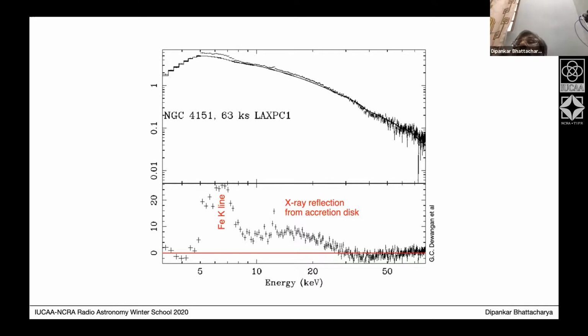If the black hole is spinning very fast, then the circular accretion flow can approach the black hole to a much closer distance than if it is not spinning. And in fact, it is by looking at this profile of the iron K alpha line that the spins of accreting black holes are now routinely being measured. So this again provides a very important diagnostic of astrophysical sources.